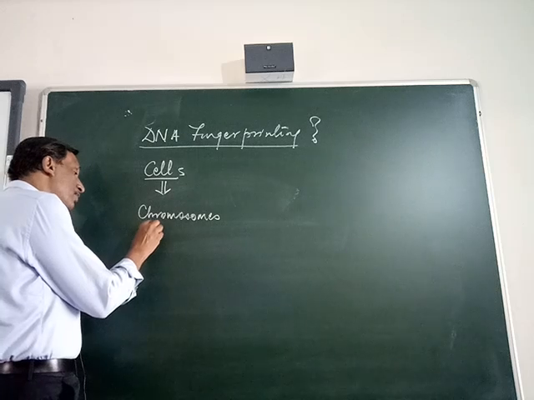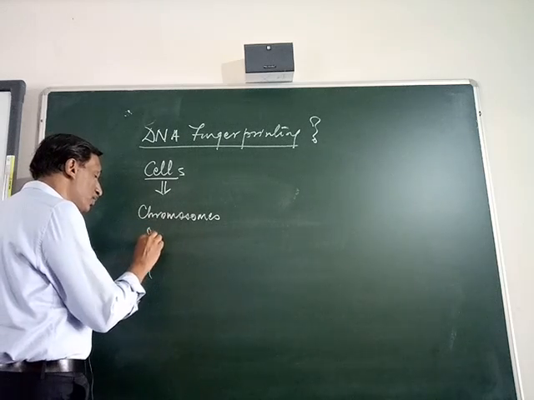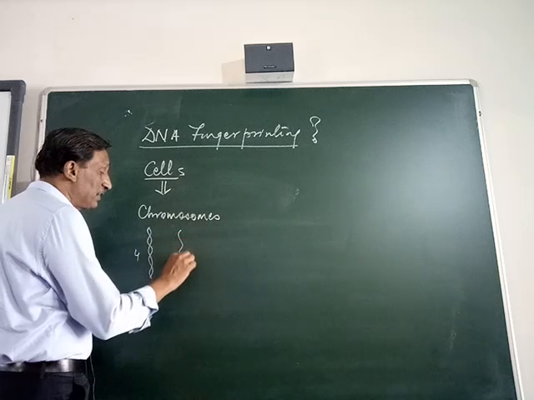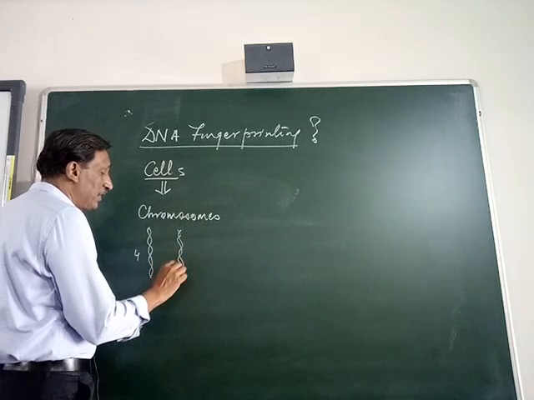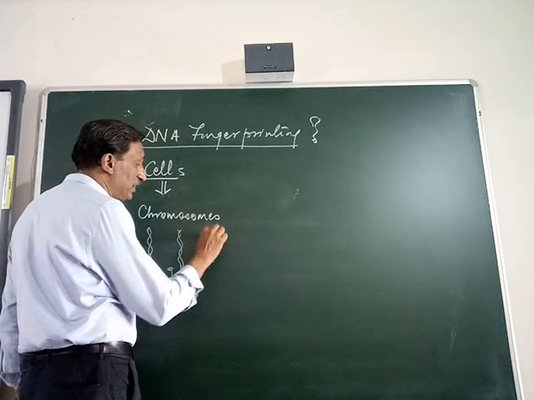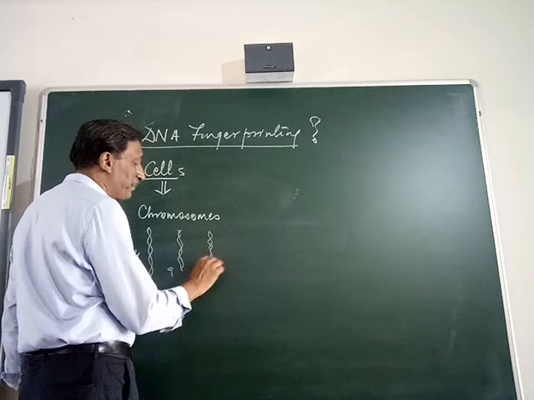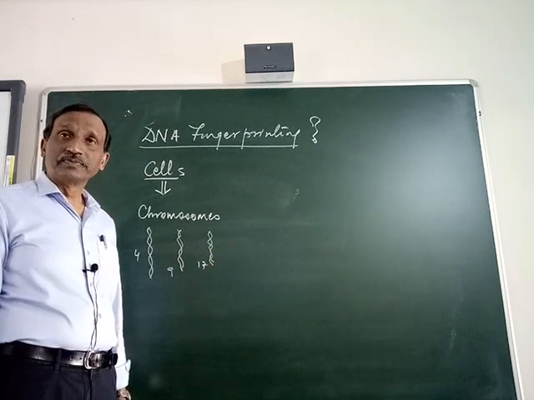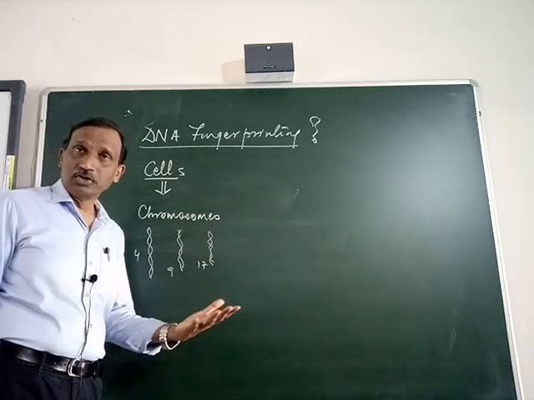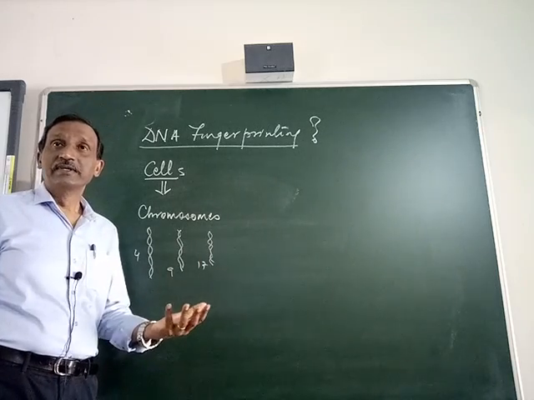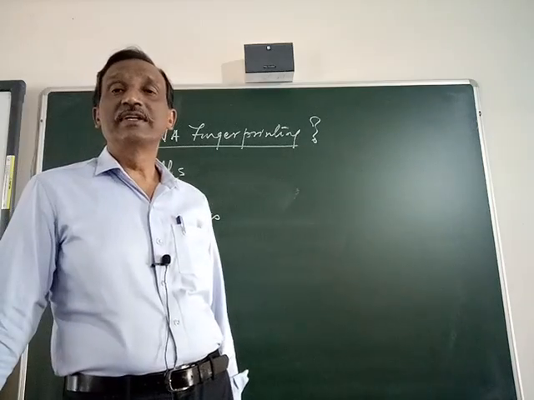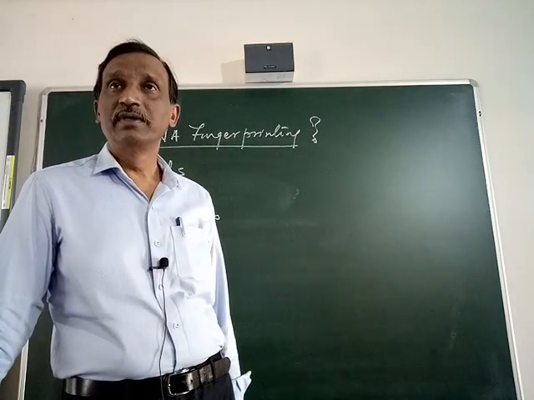Now you have to choose which chromosome you are taking. Suppose this is chromosome number 4, then another chromosome you take, chromosome number 9, then another chromosome, chromosome number 17. Three chromosomes you are choosing. You can take more if you want accuracy. Sometimes even in DNA fingerprinting, we see that the result is not accurate.